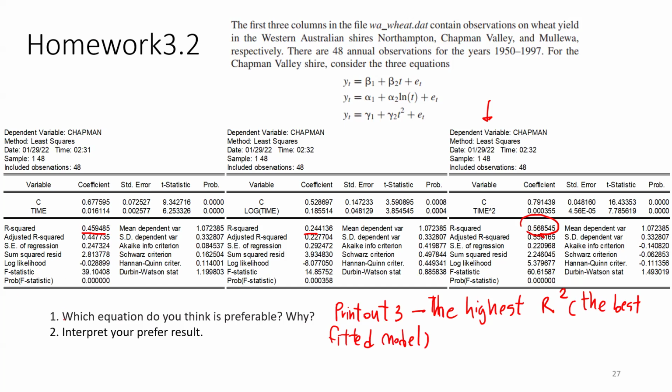Then the second question, interpret your preferred result. R square equals 0.5685, which means 56.85% of the data fit the model.